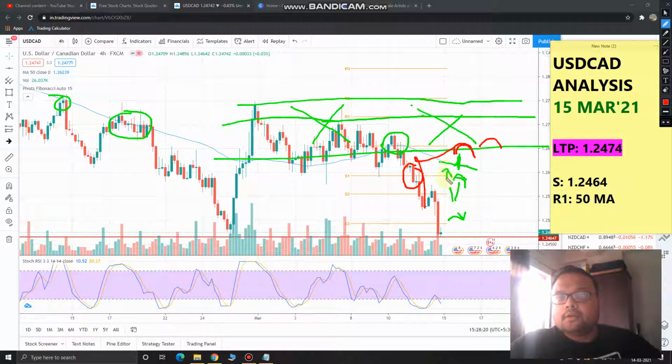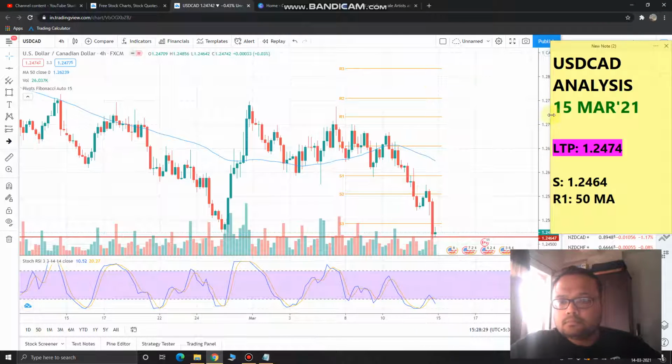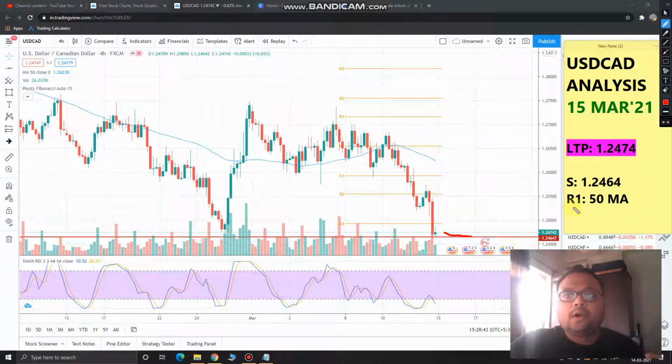In case the market comes down, let me take the pencil again. Then just see how the price reacts in this price range, 1.2464, because this is the support for the market.